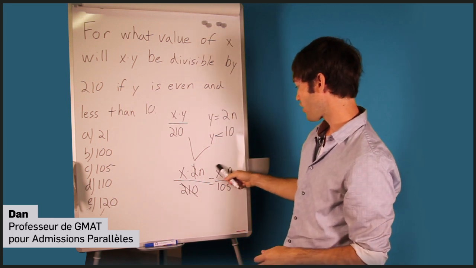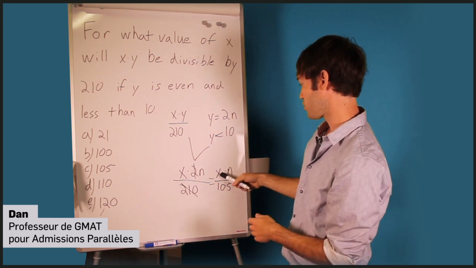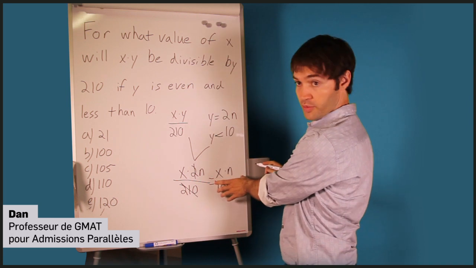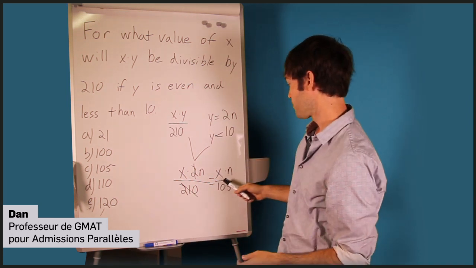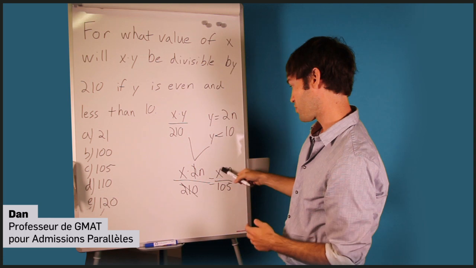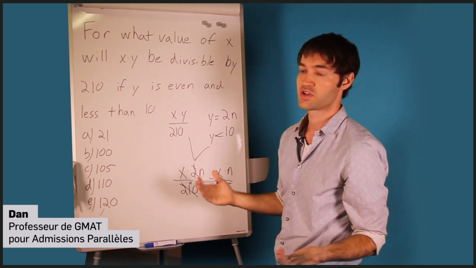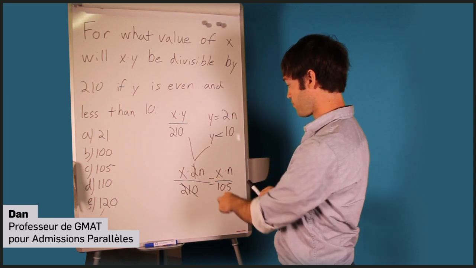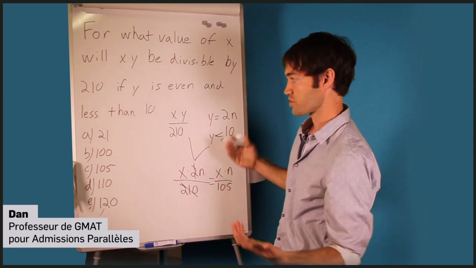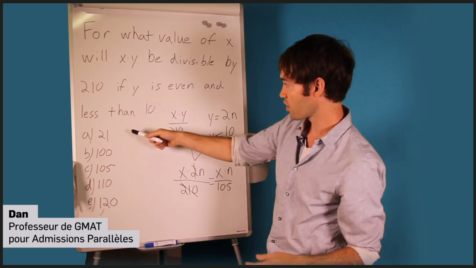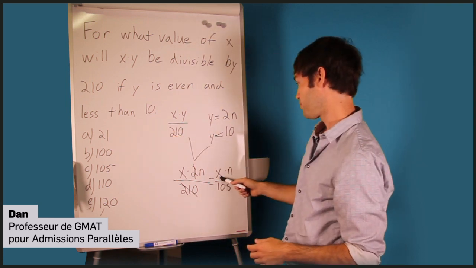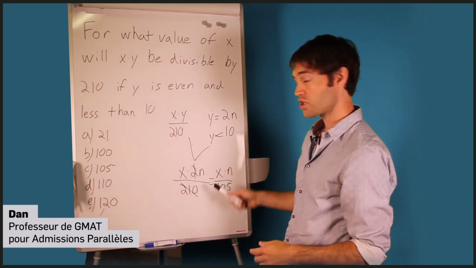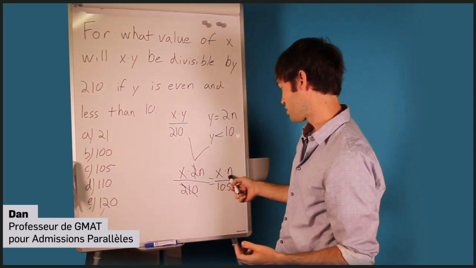And then the question asks, for what value of x will x times y be divisible by 210? So we're trying to figure out x here. What x would make it so I get a whole number right here? What whole number could we put in here to make the whole thing turn out to be a whole number? If we look at our answer choices, if we put in 21, will that be a whole number? Well, maybe. It depends on what n is.